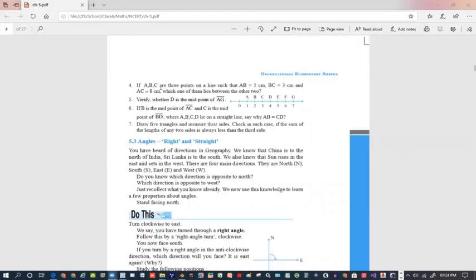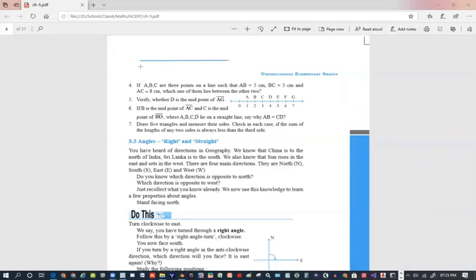Number 4, if A, B, C are 3 points on a line such that AB equals 5 centimeter, BC equals 3 centimeter and AC equals 8 centimeter, which one of them lies between the other two? A, B and C are 3 points on the line.